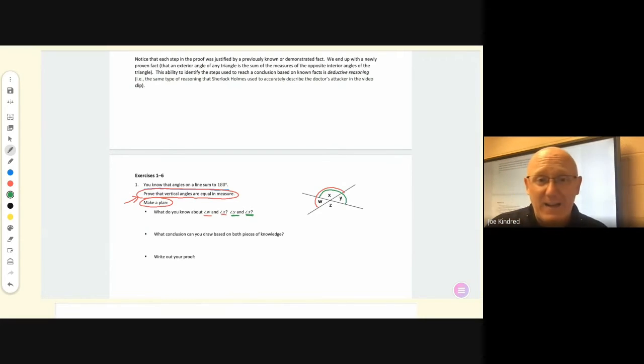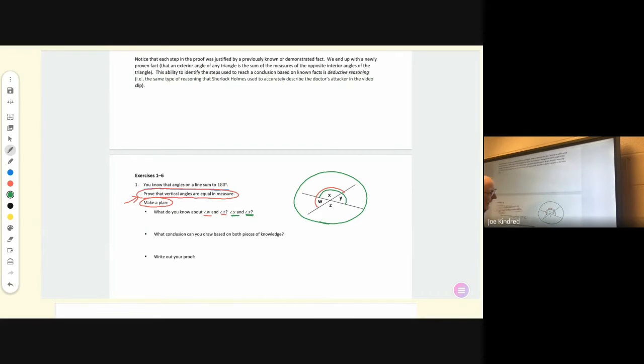They form a line. And so that should help us. What conclusion can you draw based on both pieces of knowledge? Well, by virtue of this relationship right here, I think I can form a proof that W is equal to Y. W must be equal to Y.